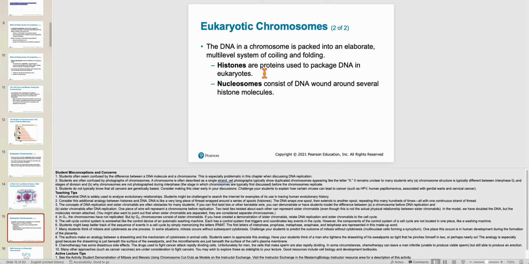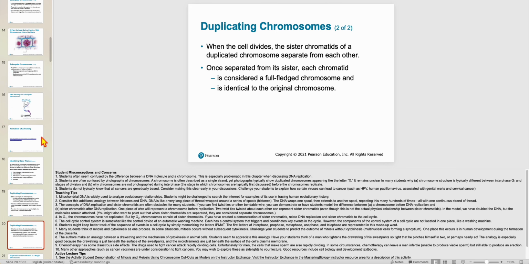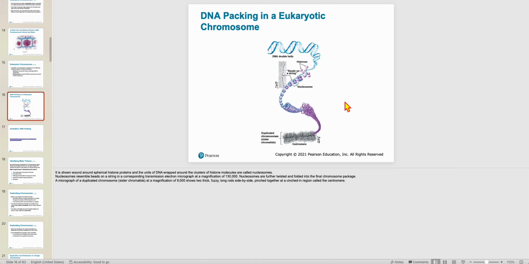Now, this comment here is exactly what I'm getting at. Histones are the proteins that this chromatin is wrapped around. So chromatin is wrapped around these histone proteins. And as you keep wrapping and wrapping and wrapping, the chromatin becomes a chromosome. So to show you that picture, it's coming up right here in this one. Here we have a picture that we previously saw in another chapter, and we see our loose DNA here.